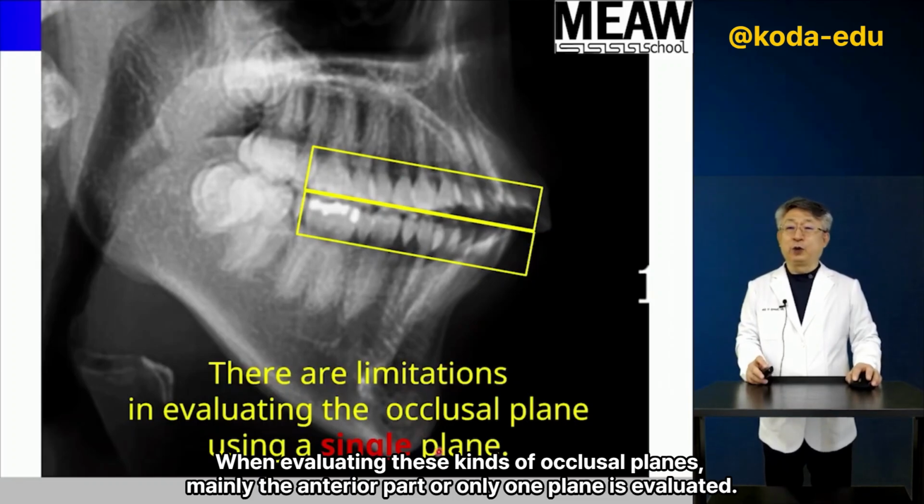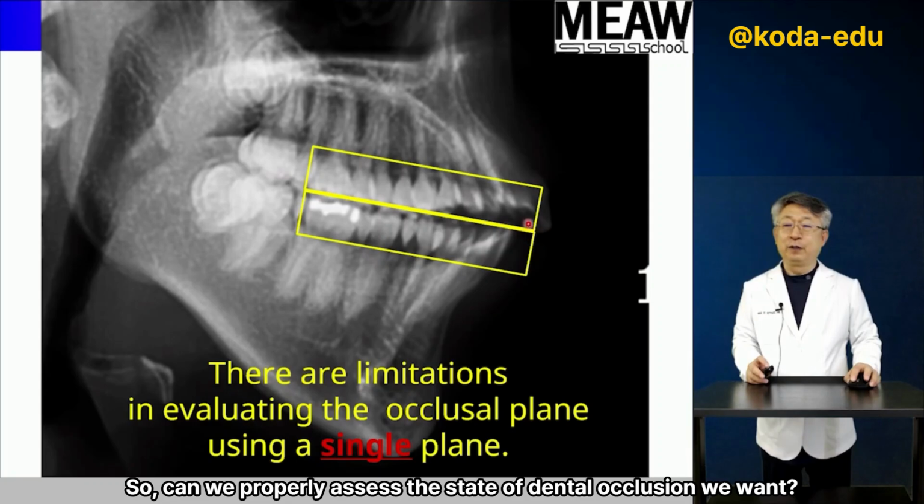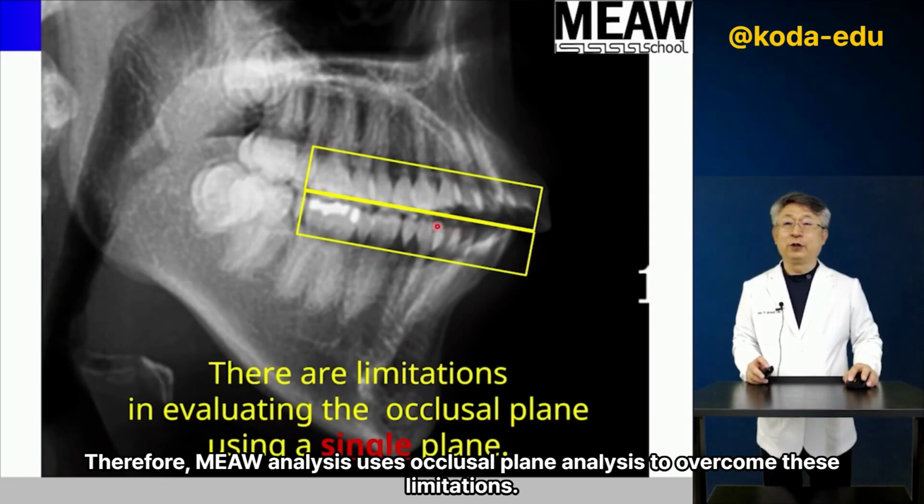When evaluating these kinds of occlusal planes, mainly the anterior part or only one plane is evaluated. So, can we properly assess the state of dental occlusion we want? Therefore, MEAW analysis uses occlusal plane analysis to overcome these limitations.